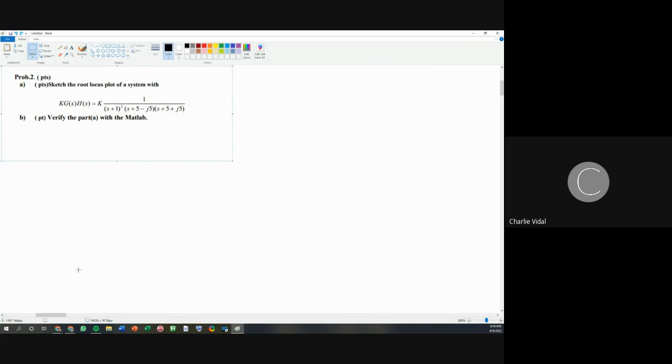Sketch the root locus plot of a system with all of this. Verify part A with MATLAB. Okay, so we can just cross this out because we're not going to do this. Okay, problem number 2.